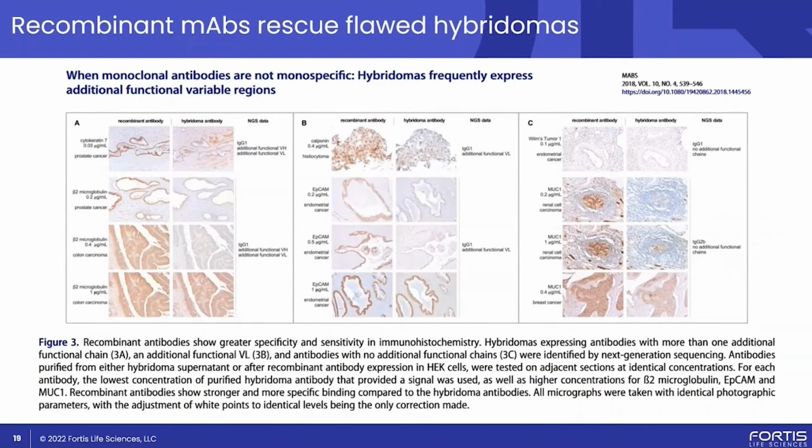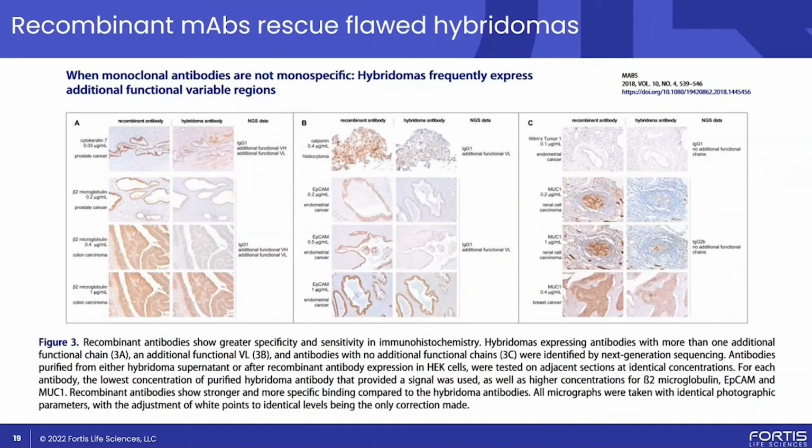And the interesting thing in the Bradbury paper is that they actually made recombinant versions of the monoclonals from some of those flawed hybridomas. So they took just the correct chains and transfected those and compared those with the hybridoma antibody.